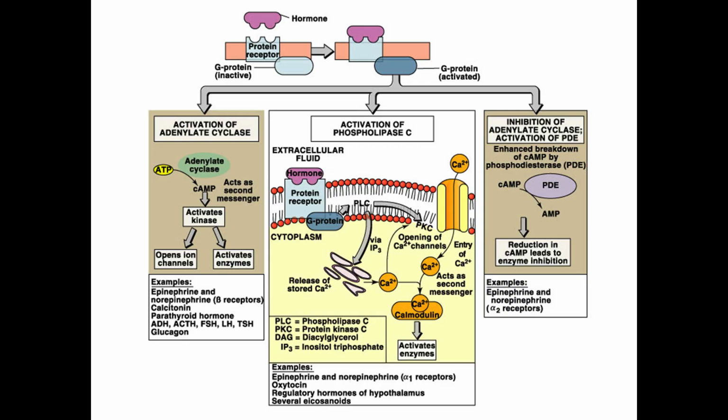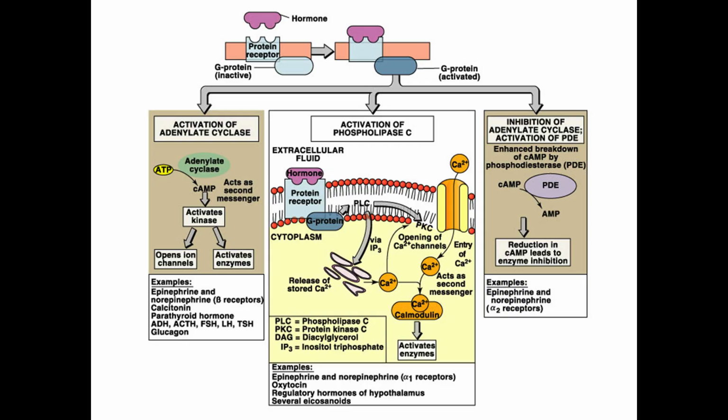Via this mechanism, the protein hormone shows its actions. Which protein hormones act via this mechanism? Epinephrine, norepinephrine, calcitonin, parathyroid hormone, ADH, ACTH, FSH, LH, TSH and glucagon act by activation of adenylate cyclase.